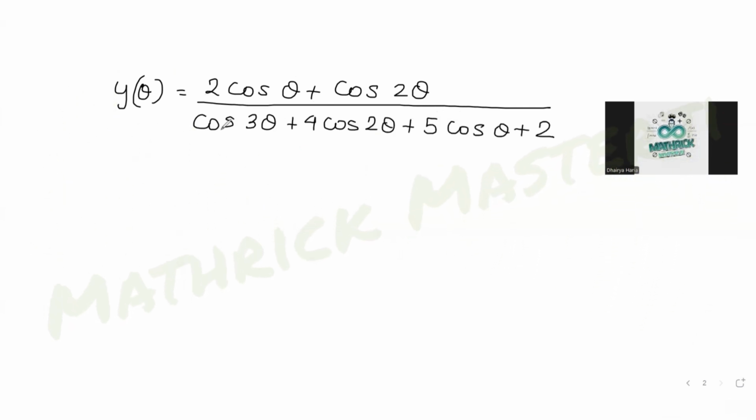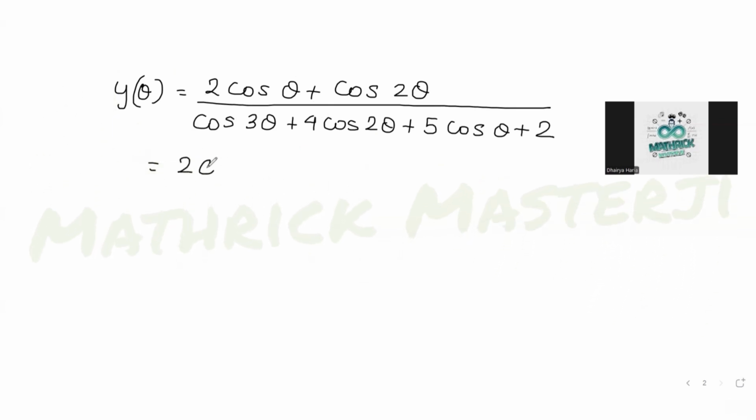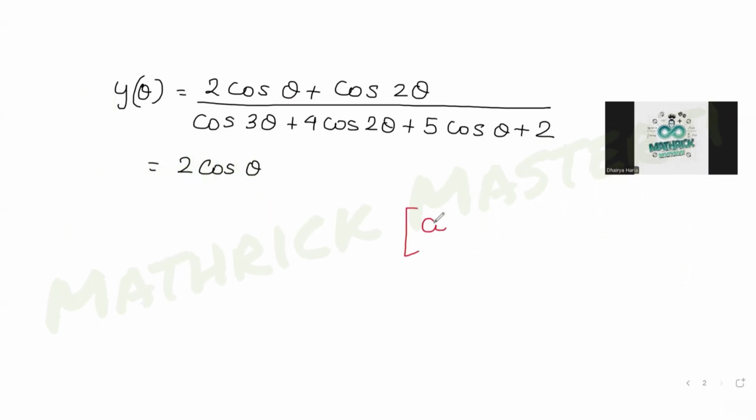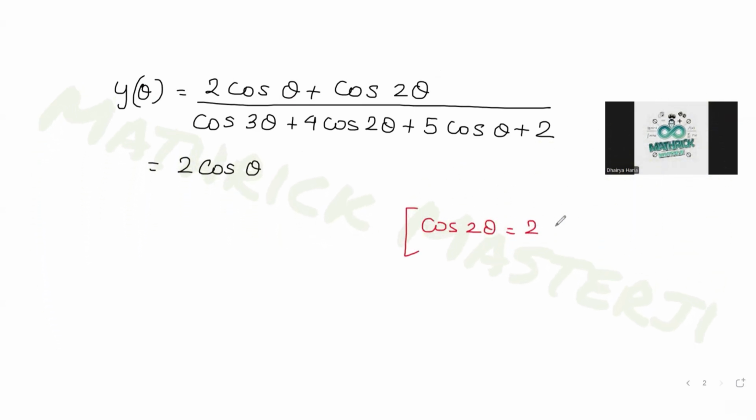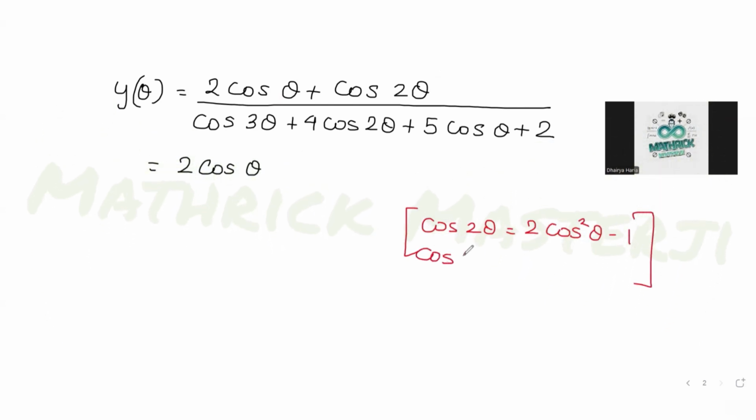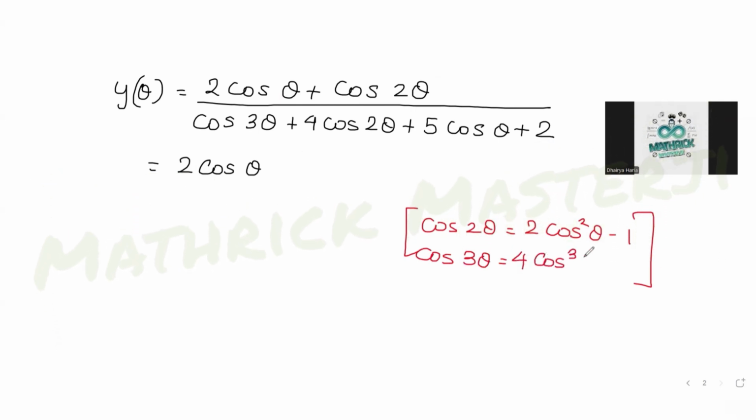Now I will try to write everything in terms of just cos theta. So 2 cos theta as it is. Using my double angle formula, I can write cos 2 theta as 2 cos square theta minus 1, and for cos 3 theta I can use the triple angle formula and write it as 4 cos cube theta minus 3 cos theta.